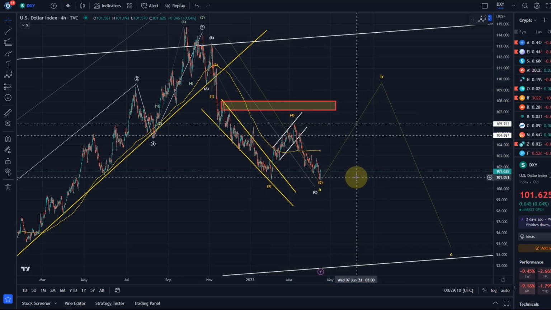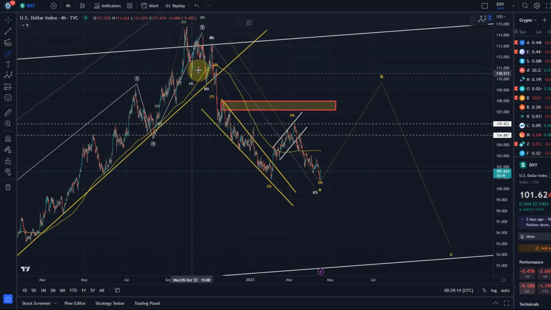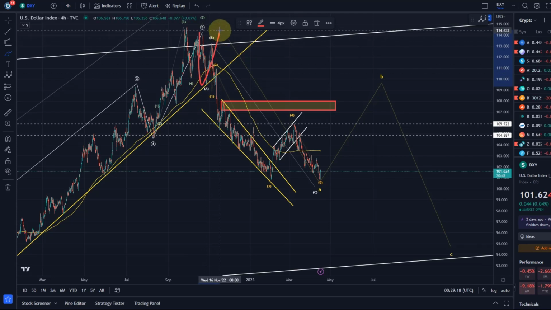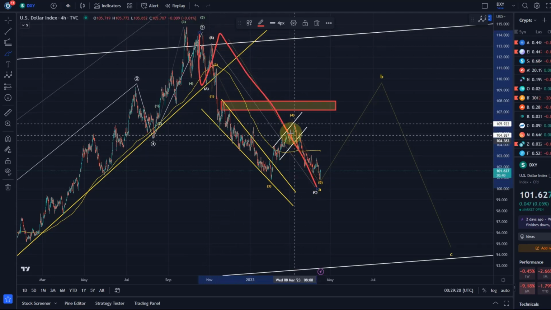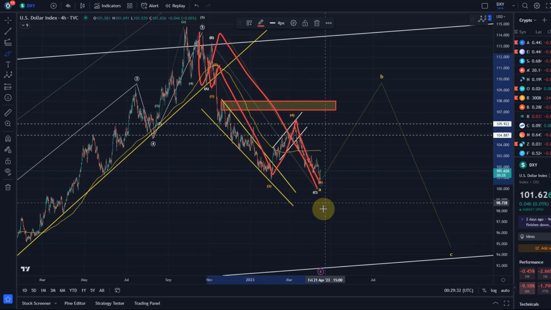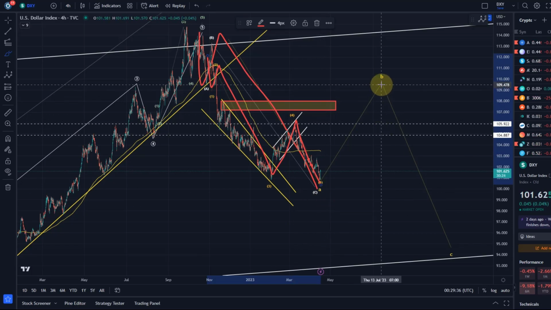In summary, what do we have? We've got this particular scenario where off the October high we came down in an A, B, C structure. This latest drop where the DXY lost support gave it basically an extension in the C wave. In the C wave, we've got 1, 2, 3, 4, 5 with support here or around the $98 level where we can turn around in a B wave.